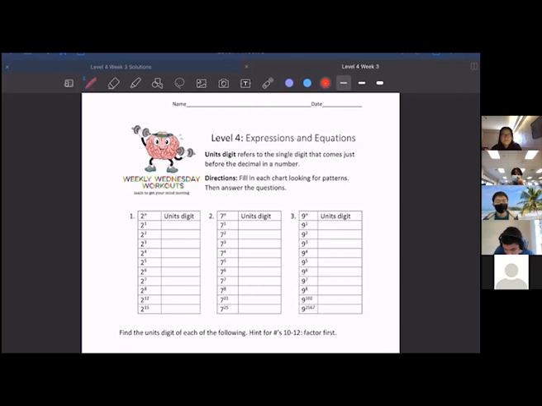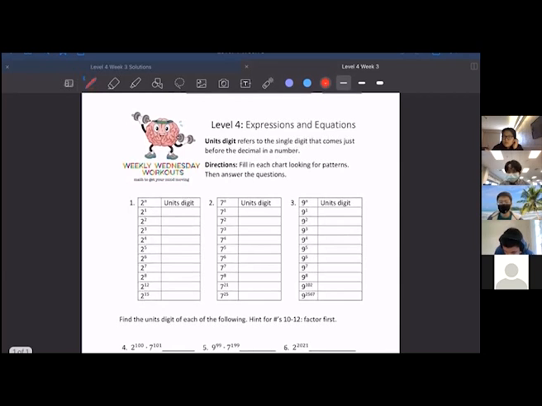Should I start off with example one? So everyone knows what 2 to the first power is, right? Yeah, so 2 to the first power is just simply 2. And 2 to the second power is 2 times 2, which is 4, yep.